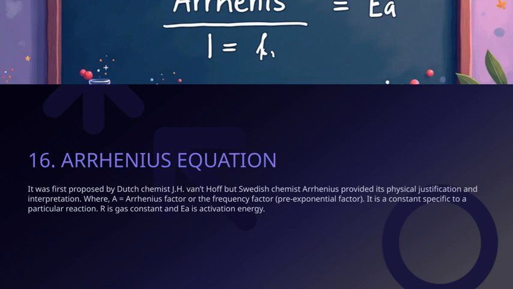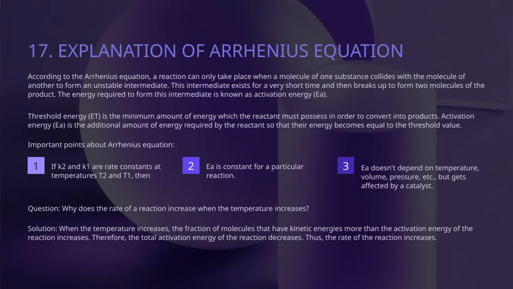Understanding this equation helps us see how temperature influences reaction rates, and it's a fundamental part of kinetic theory. E, or activation energy, doesn't depend on temperature, volume, pressure, or other external conditions. Instead, it is affected by the presence of a catalyst, which can lower the activation energy needed for the reaction to proceed.